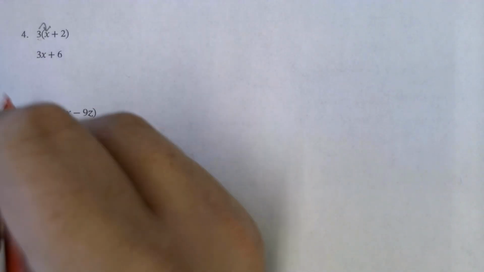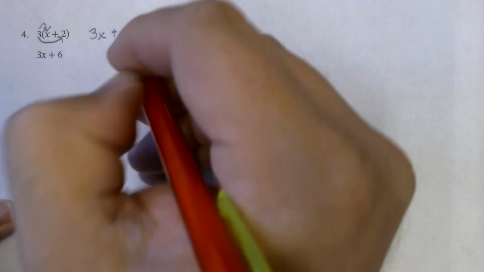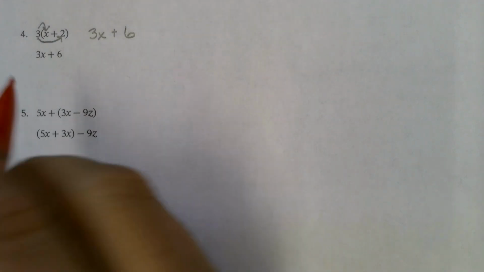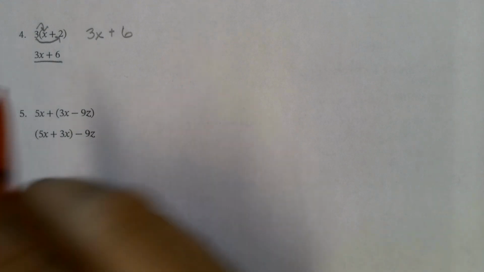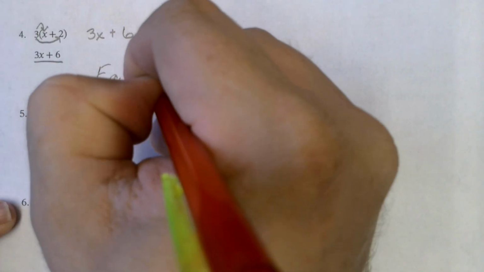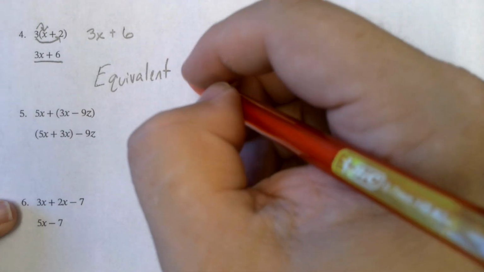So I'm going to take 3 times x, which is 3x, plus 3 times 2, which is 6, which is exactly what we have here in this expression. So we would say that they are equivalent, because of the distributive property.